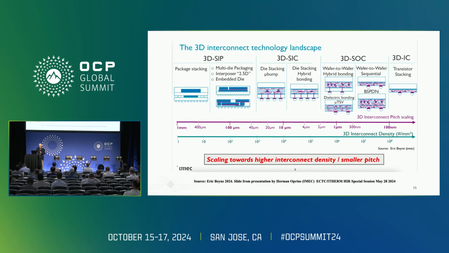And then we look at it and say, what do we see as the future? Fortunately, we have a slide from Eric Ban at Semicon West. He showed us how we are going to look at 3D interconnect. It's a very good way to look at how we are going to the future, from a final pitch into 3D systems.